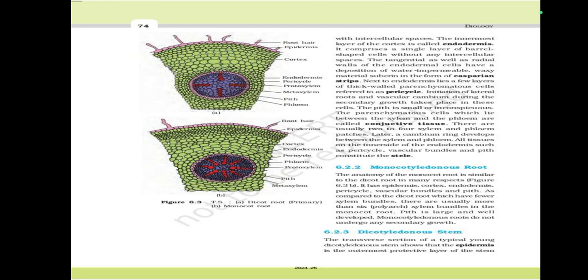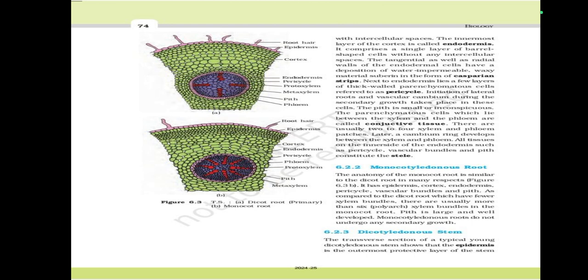As compared to the dicot root, which has fewer xylem bundles, there are usually more than six polyarch xylem bundles in the monocot root. Pith is large and well developed. Monocotyledonous roots do not undergo any secondary growth.